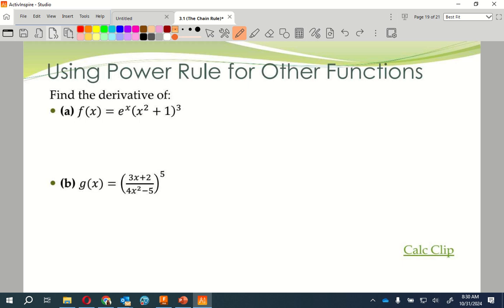Other functions. Now, looking at this thing right here, what is this? What is this right here? Product rule, right? Multiplication, there's my product rule. And in the product rule, this piece right here, I'm going to use a chain rule on. I'm going to chain that one right there.